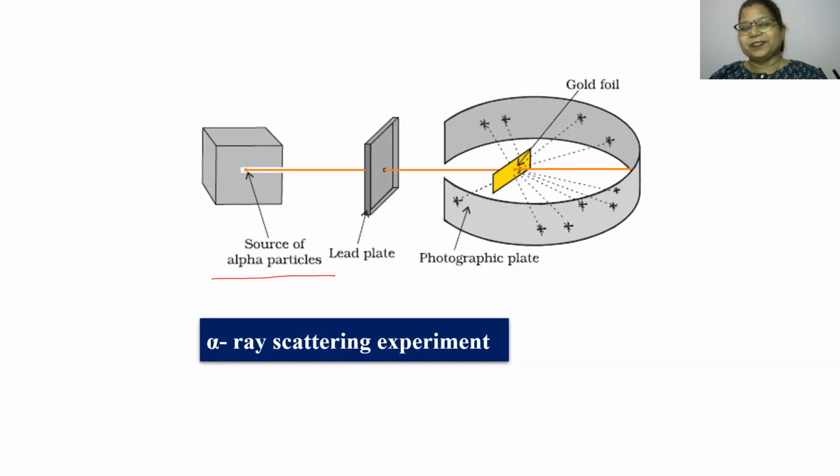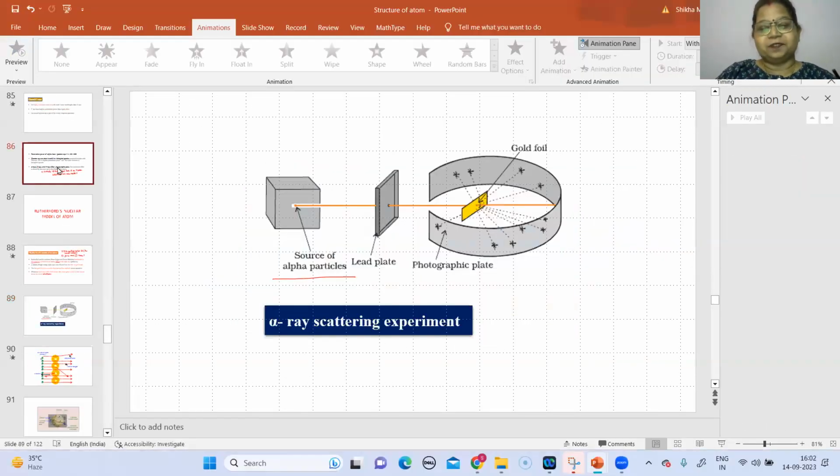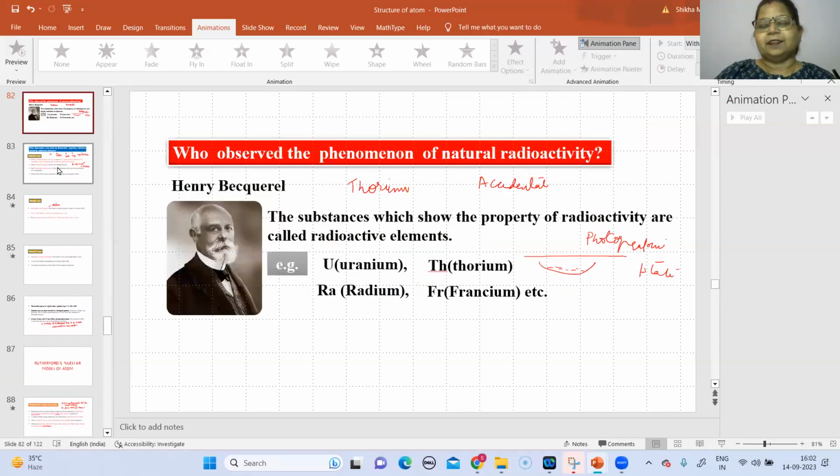That's my question, students. Let me go back to what I have taught you and its importance. Go back to Henry Becquerel. In the slide, I told you the names of the elements which are radioactive.